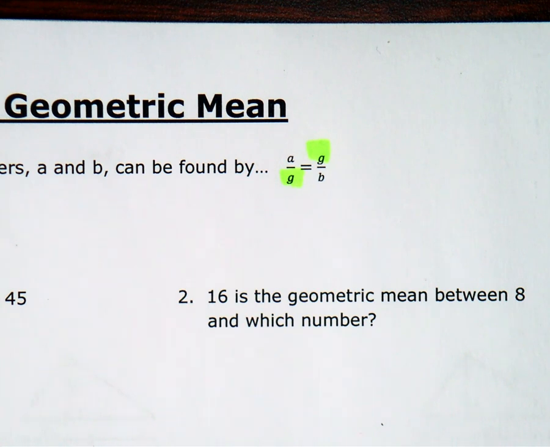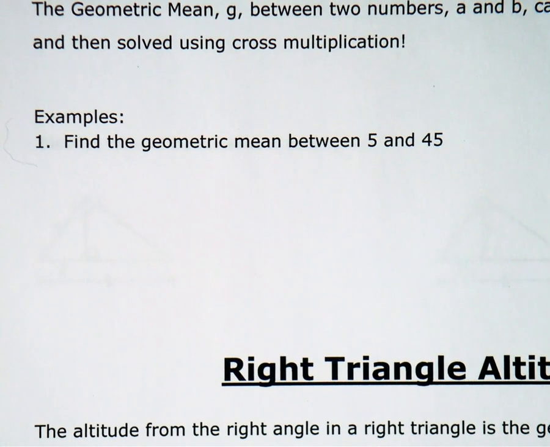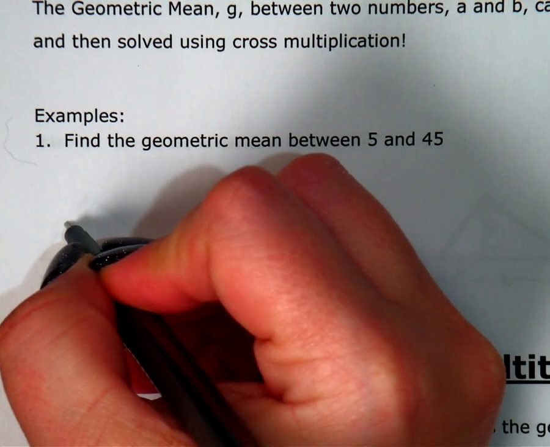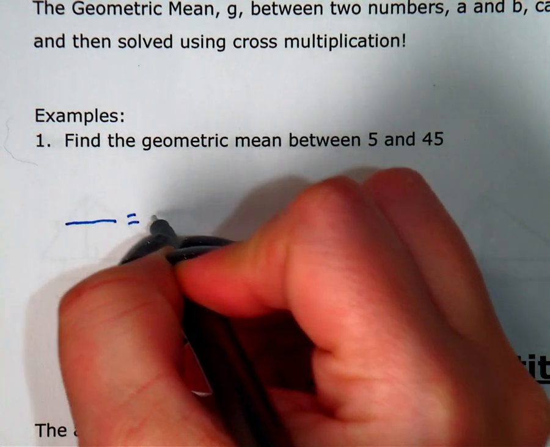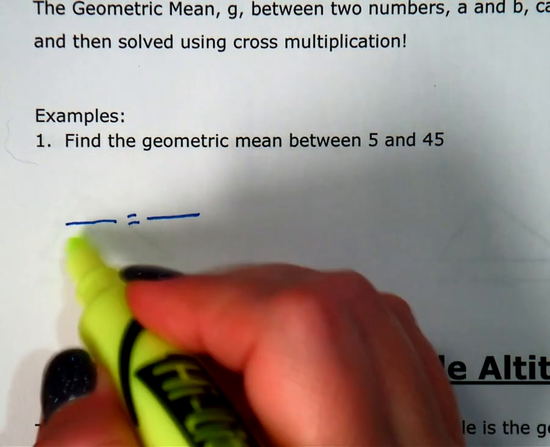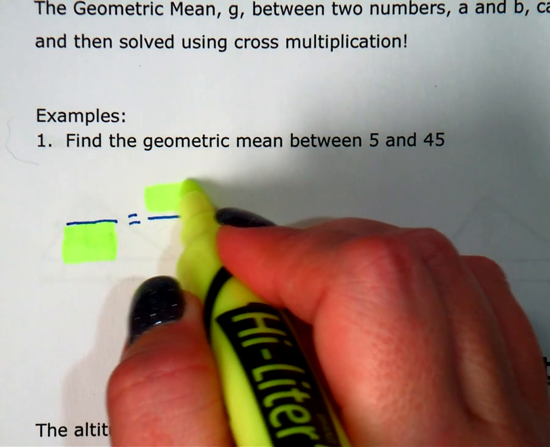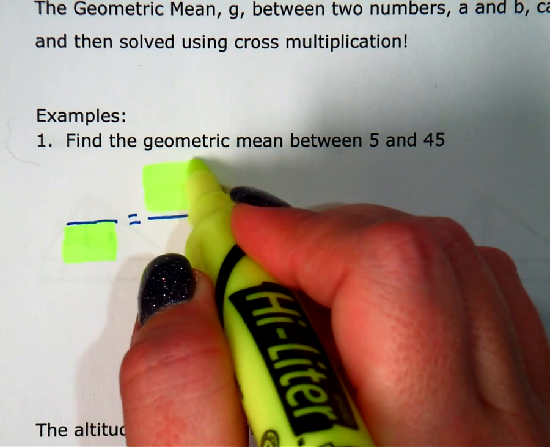That's the geometric mean. And then your two numbers that you're trying to find that geometric average of are the two missing pieces. Okay, so let's look at this first example where it says to find the geometric mean between the two numbers 5 and 45. So again, we're going to set up the proportion, the two equal ratios, and I know that the number that's going to be the same, my geometric mean, is going to be in the denominator of one fraction and the numerator on the other fraction.